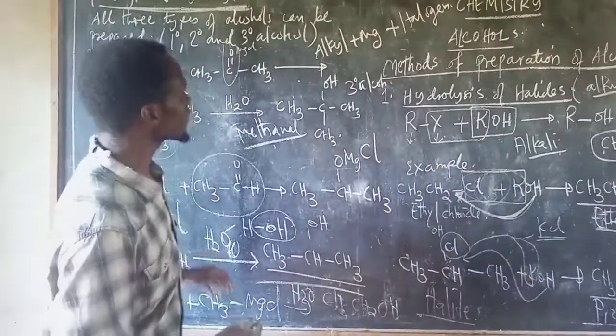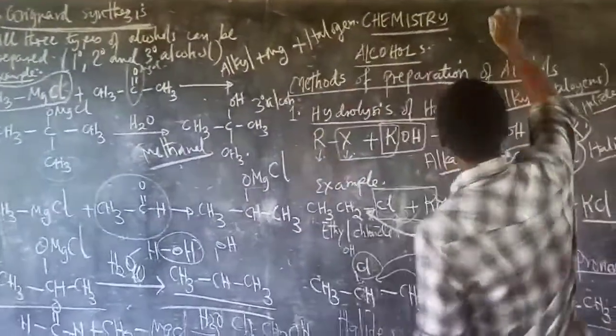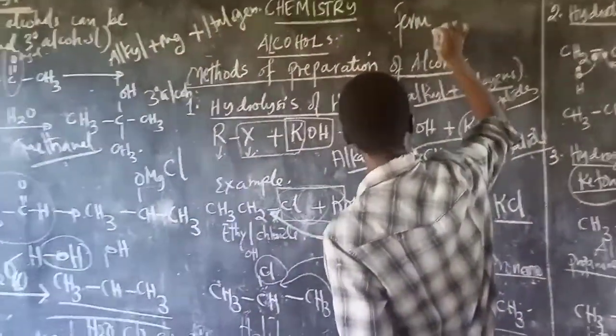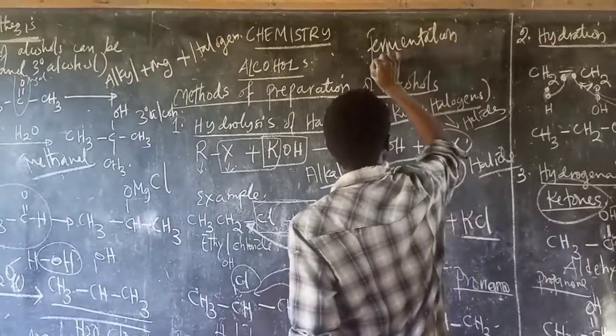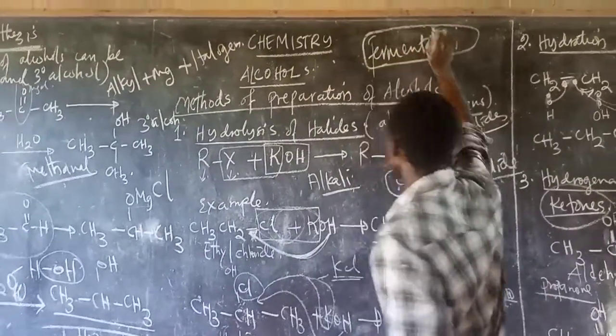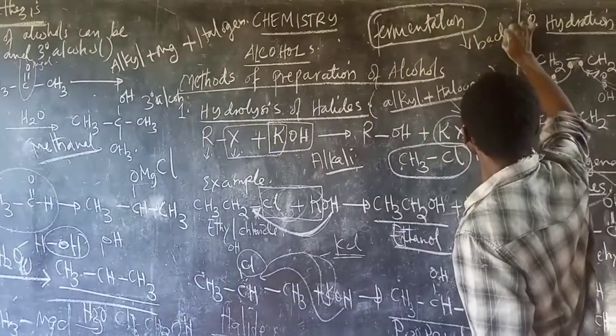And the last method that can be used to prepare alcohol is fermentation, and this is the most popular method that can be used to produce alcohol by using bacteria.